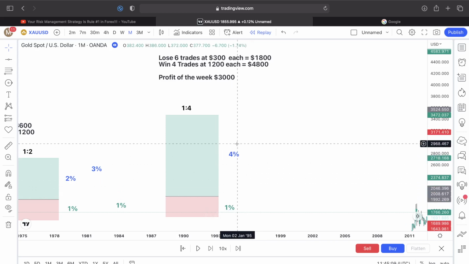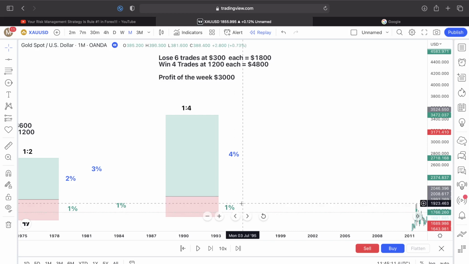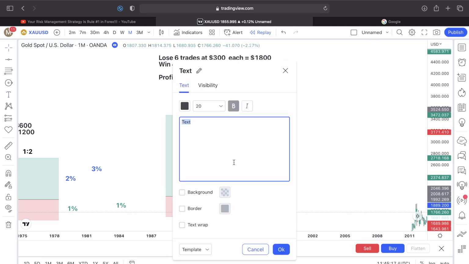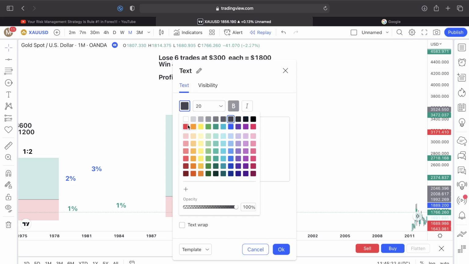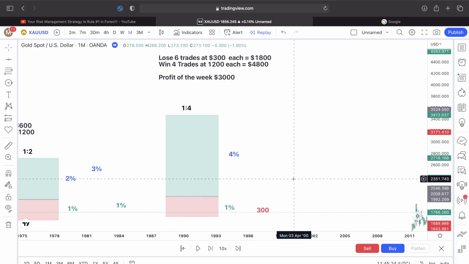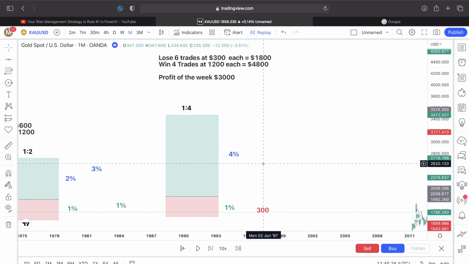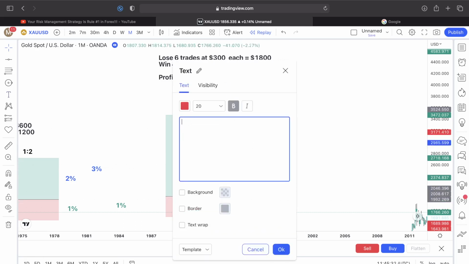That is gonna be your profit. So you win 300 as you risk 300. Let us say here you risk 300. That's your risk, and then that is your gain, which is 1,200. What you're trying to make is 1,200.